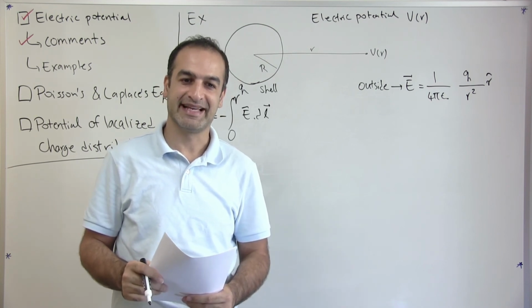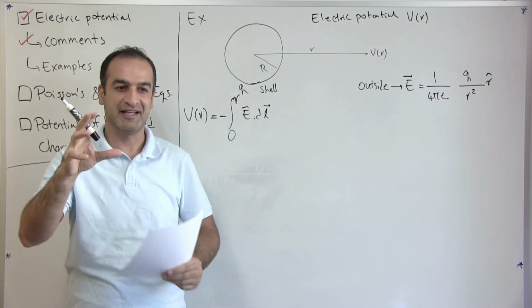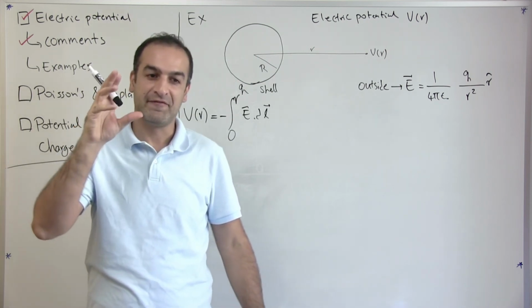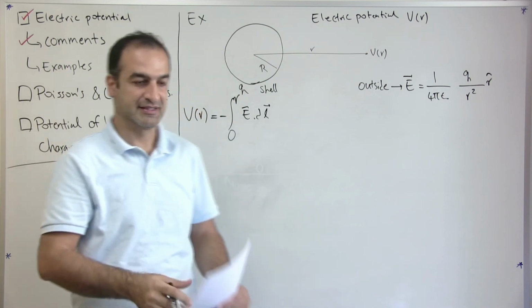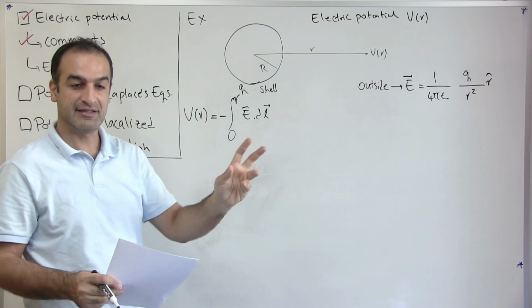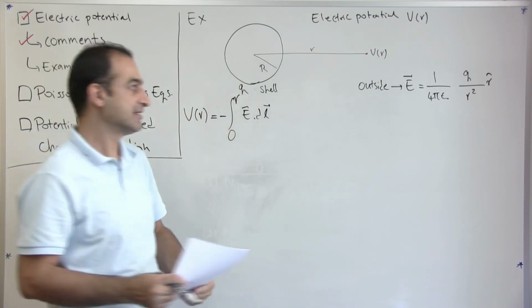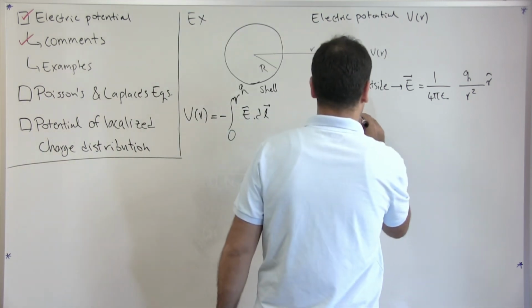On the inside? Your Gauss law, if you calculate the electric field, you integrate that, that should be equal to the charge within the sphere. And since we don't have any charge within this sphere, electric field inside the sphere is going to be just 0, right? So inside, no electric field.